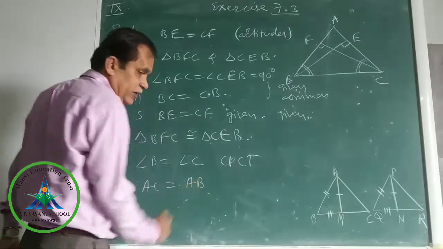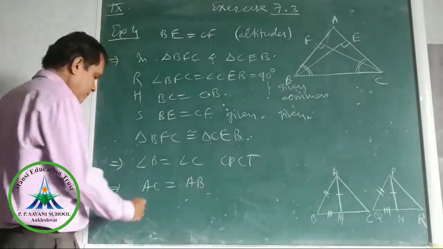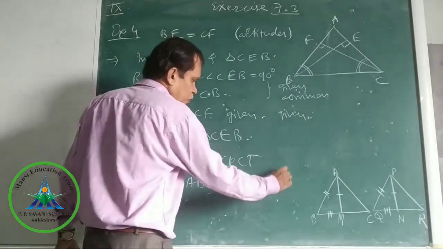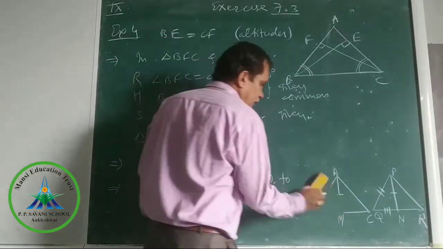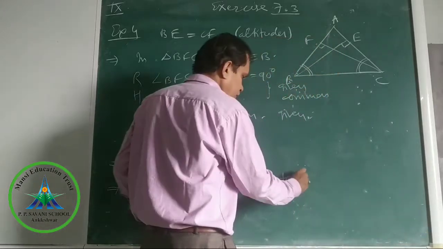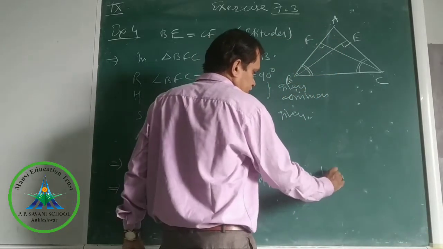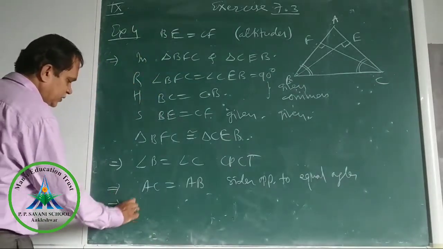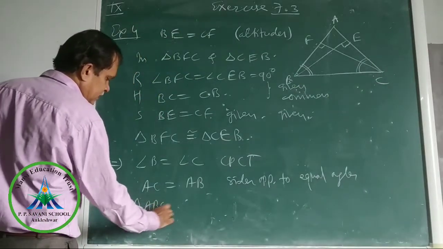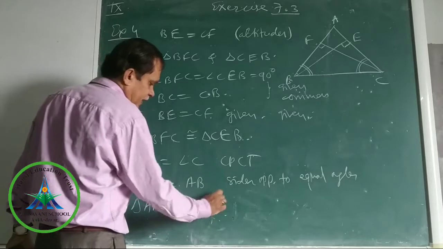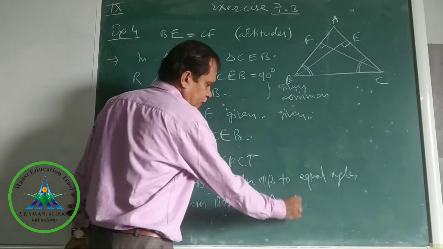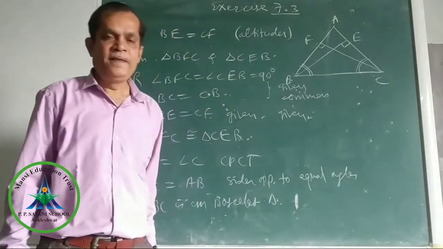AB equal to AC, sides opposite to equal angles. And therefore triangle ABC is an isosceles triangle. Okay?